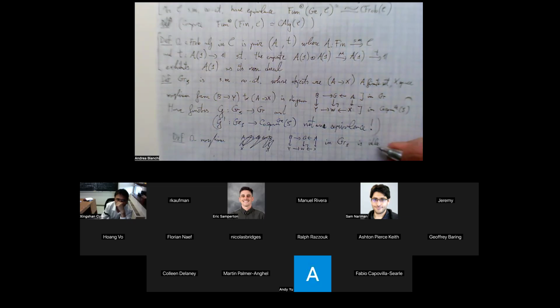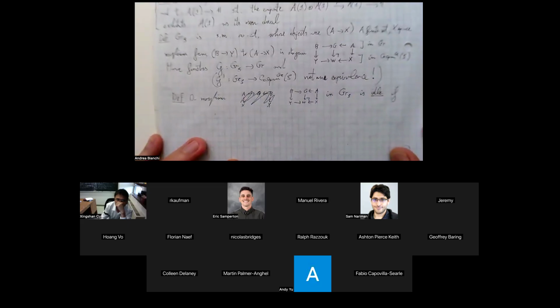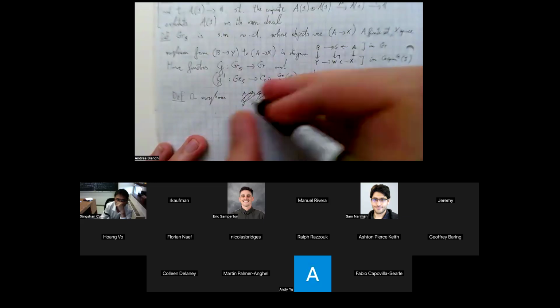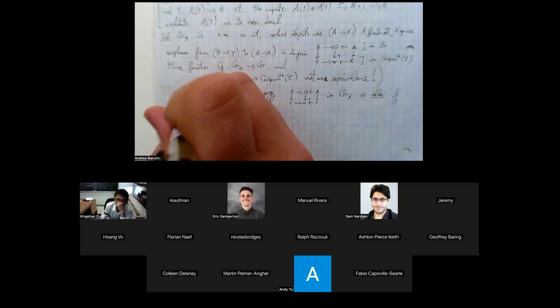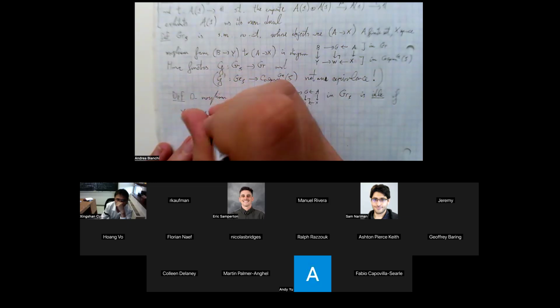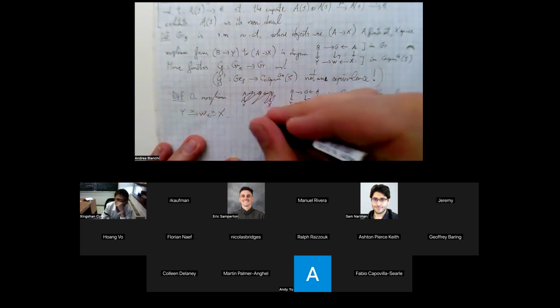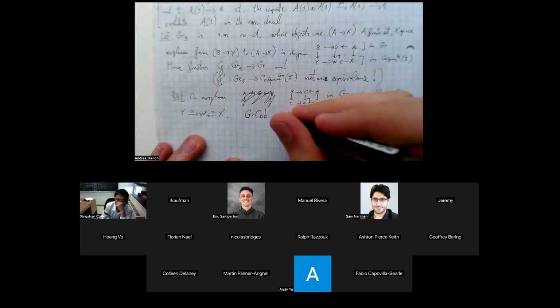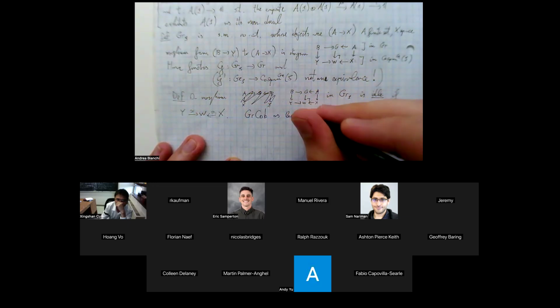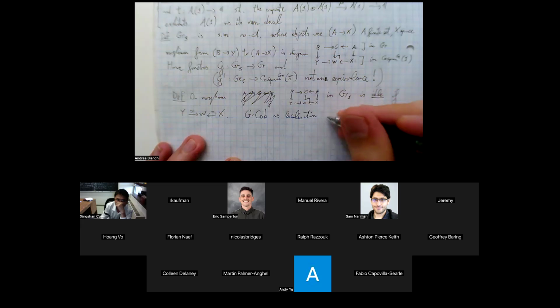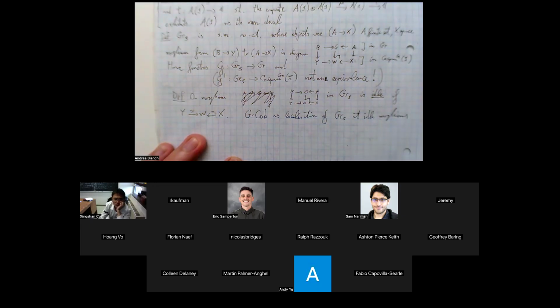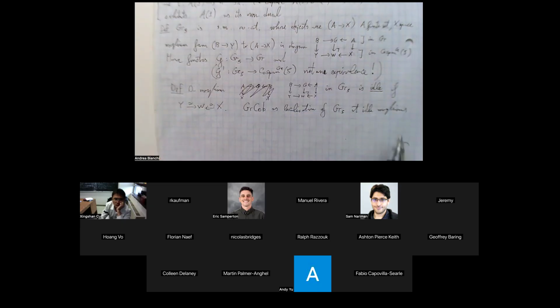It is idle if these maps are all equivalences. So if Y is equivalent to W and is equivalent to X. And then we define GRCOB as a localization of GRS at idle morphisms. Okay, so this would be our definition.